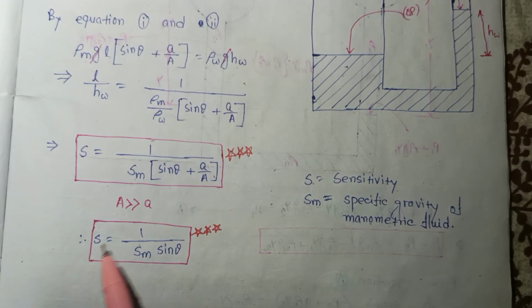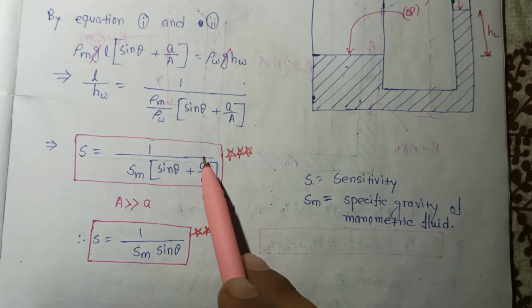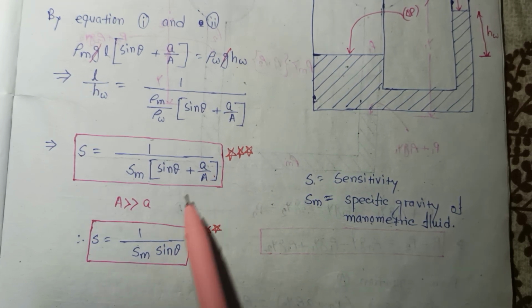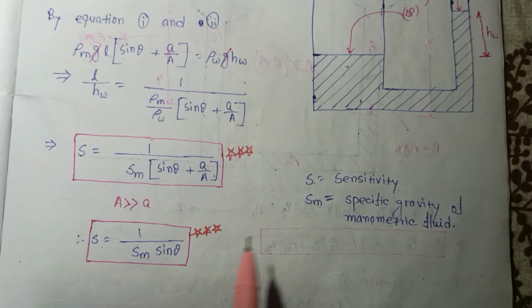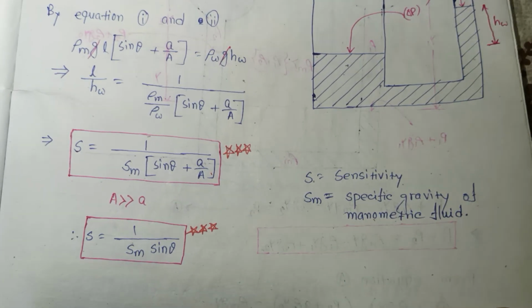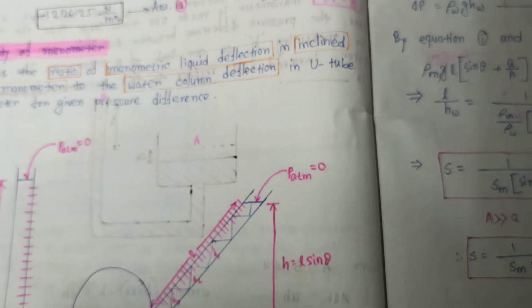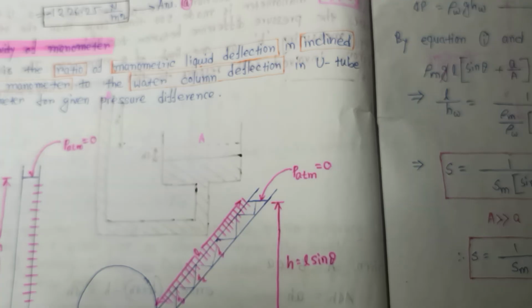So the sensitivity is equal to 1 by Sm sin theta, because this term cancels out. Okay, in that way we calculate the sensitivity of the manometer.